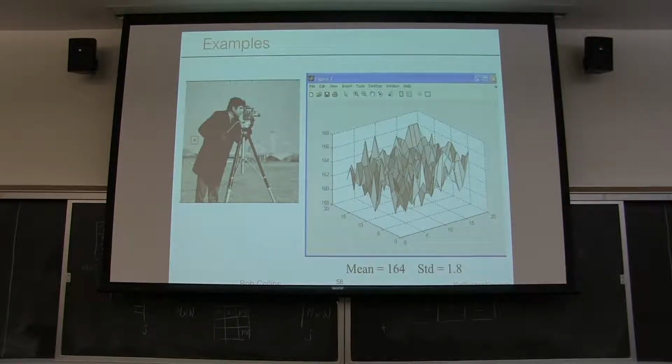So if your camera was really good, I spent so much money on this camera, I would expect that region to be fairly flat. When I plot this in 3D, what I would like to see is a plane. But what we're seeing is this. So you see that there's a lot of variation over there.